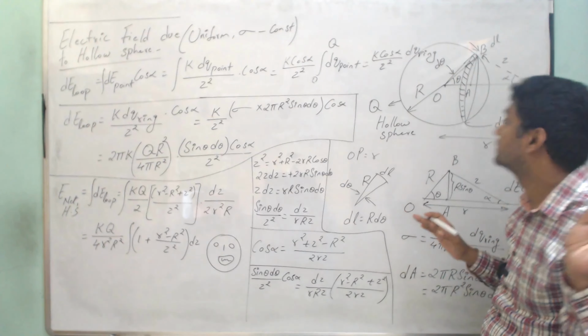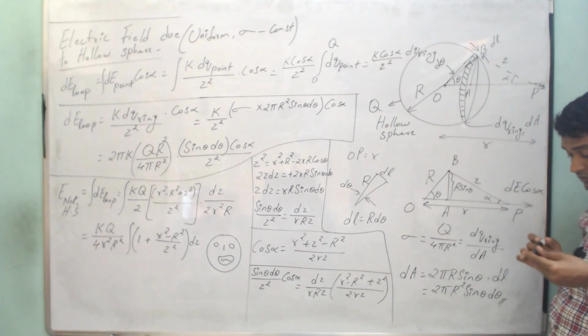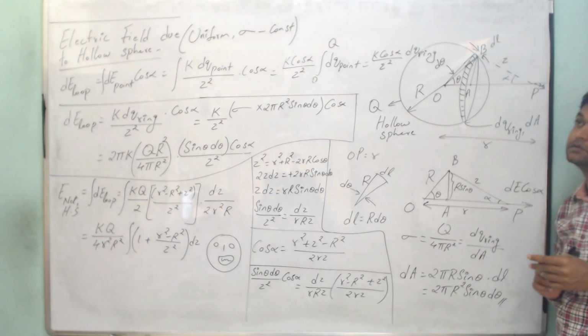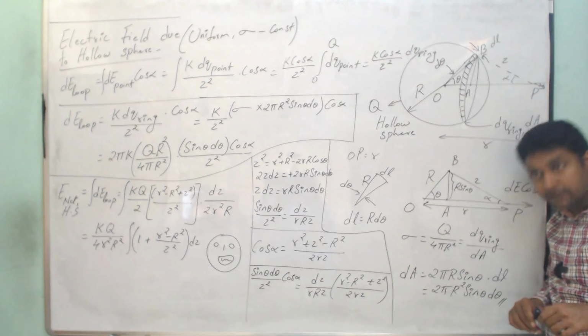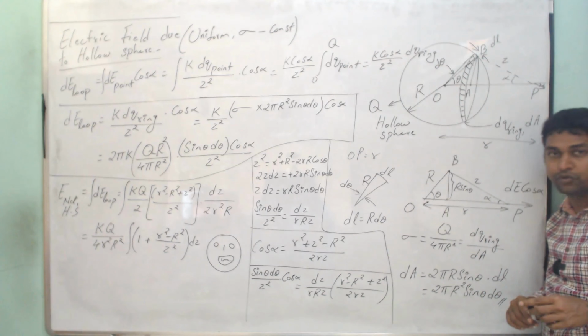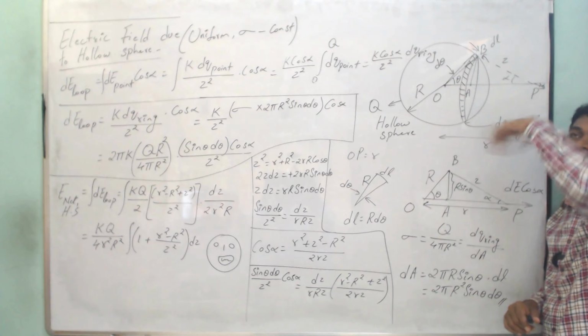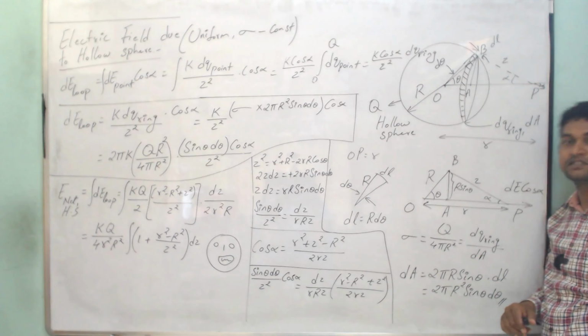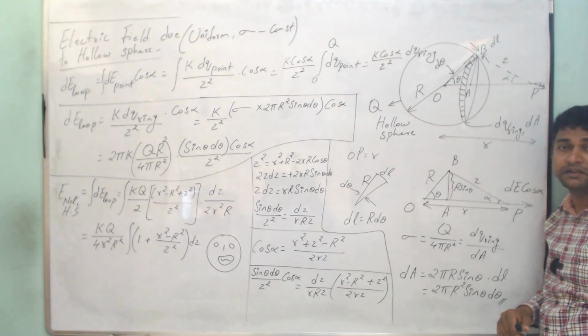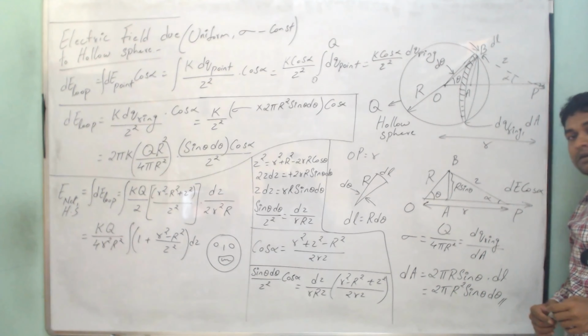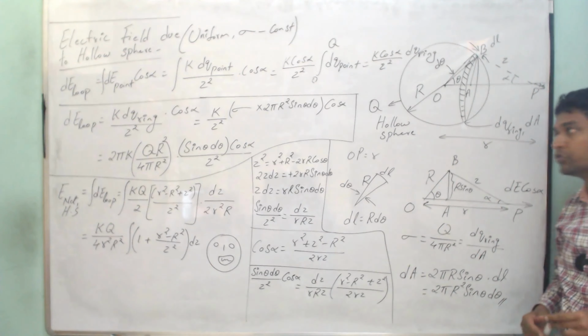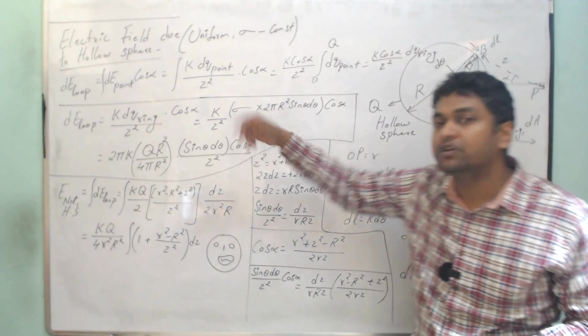Sir, it's because you're not considering the sin theta component, but you're telling it's getting cancelled. To get cancelled, you have to take a diametrically opposite component, due to which the sine component will cancel, only the cos component will be there. If only the cos component is there, then we take 2 dE cos alpha.